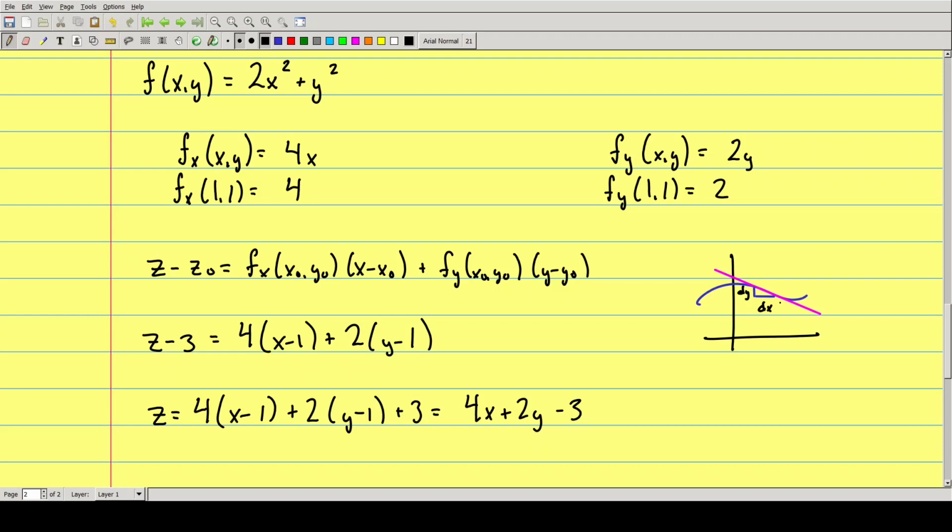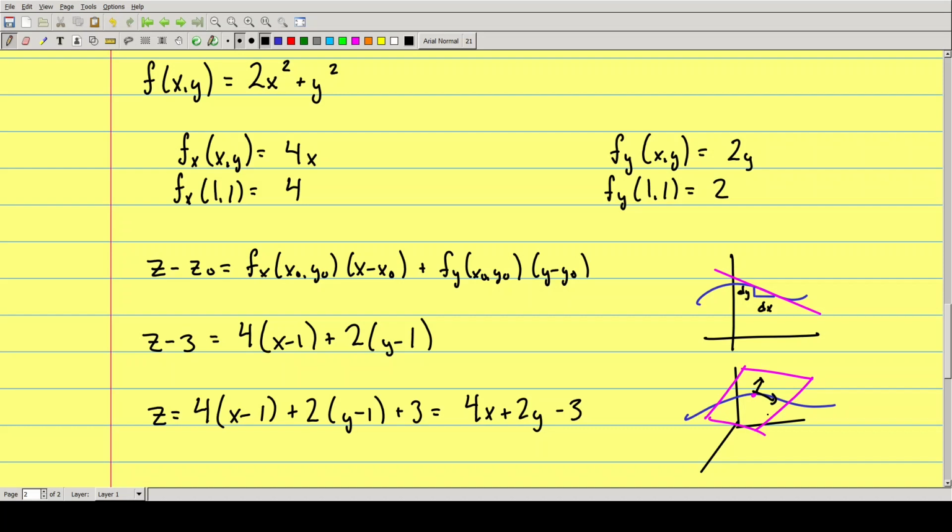It works basically the same way for planes. If we have a situation of the tangent plane to some surface that is tangent at a point, I can imagine moving in this direction or this direction, like we talked about earlier.